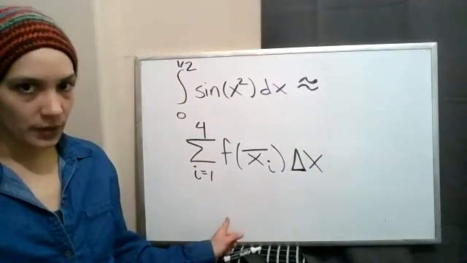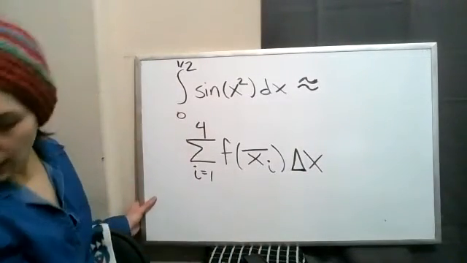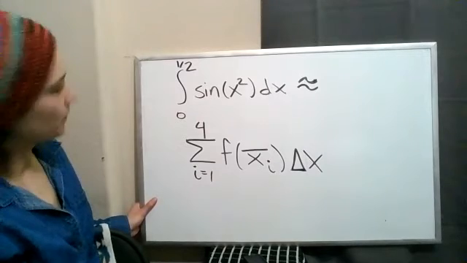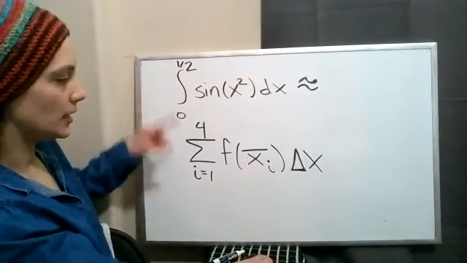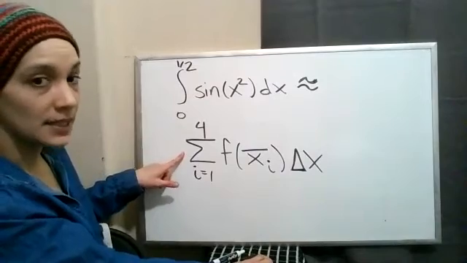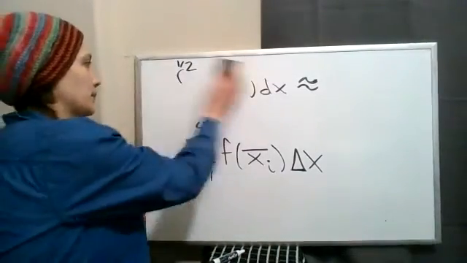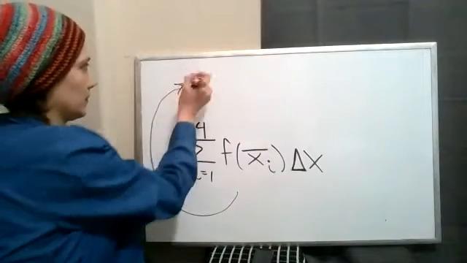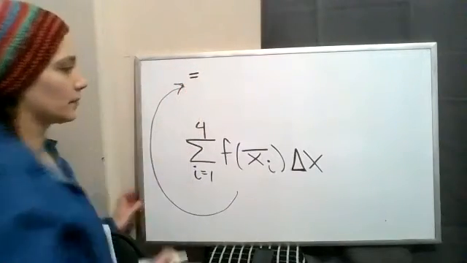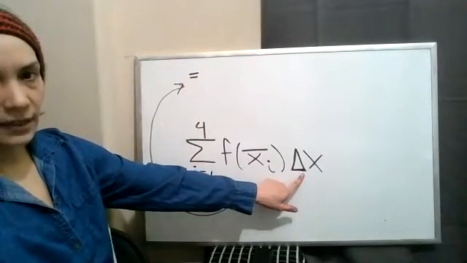So we've gone from here, which is about equal to this number, and this number is delta x, 1/8.